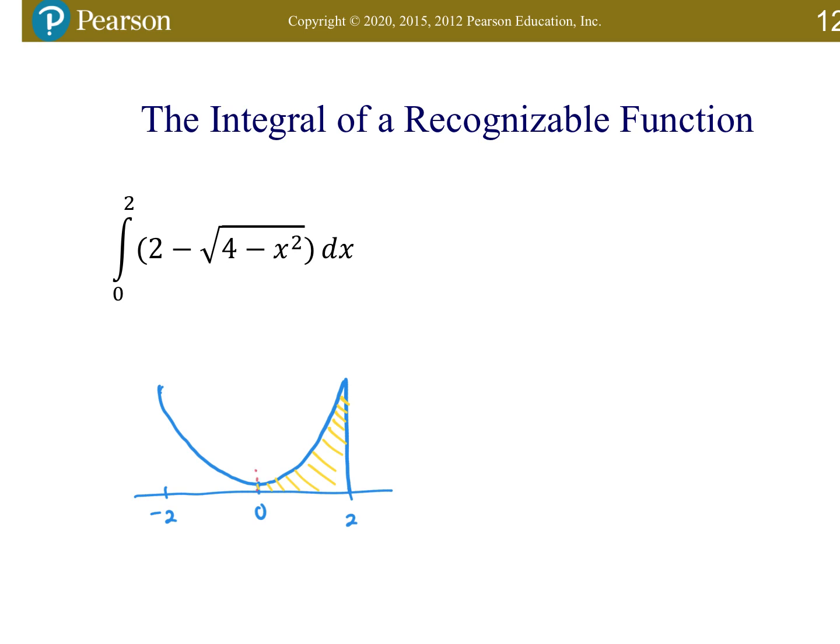So the way I think of it is I think of first the area of the square. So that would be a 2 by 2 square. And then I want to subtract the area, and that's another quarter circle. And so I'll be taking away a quarter of pi times 2 squared.